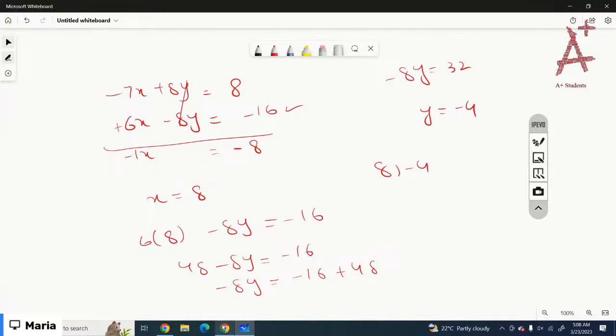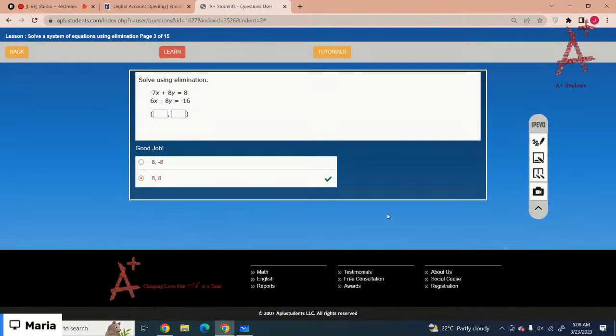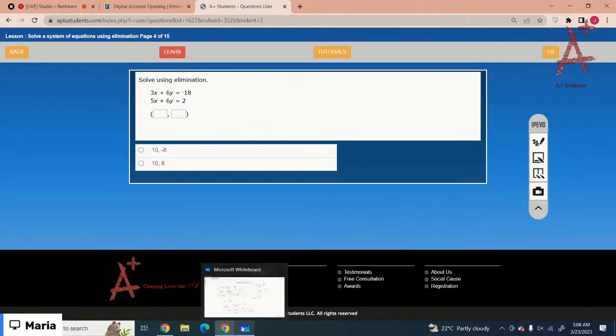Let me just see which is the correct option. I think option number 2. Let's see what's wrong with the question. 8 and 8, how is it 8?